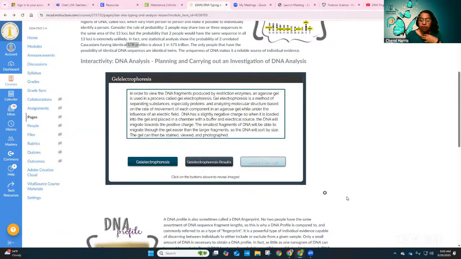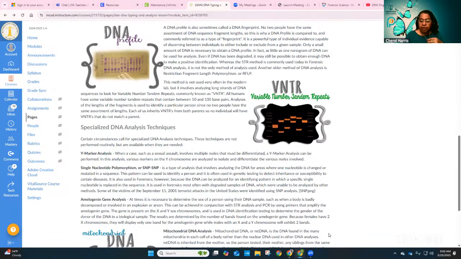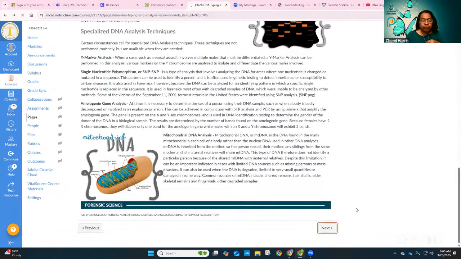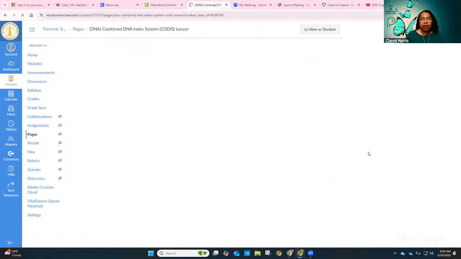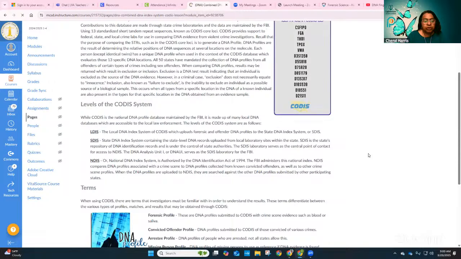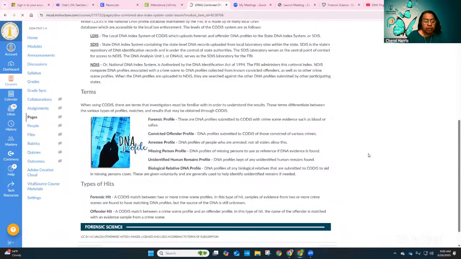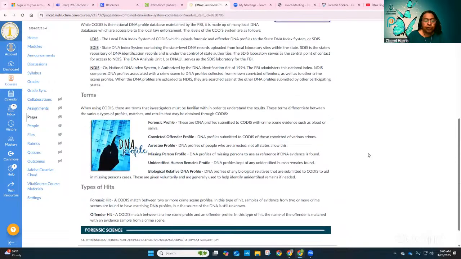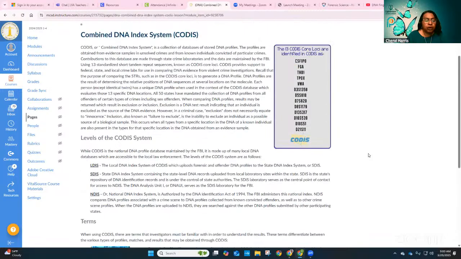All right, so go ahead and finish reading through this page, and read this one as well. This one talks about CODIS, what CODIS is.